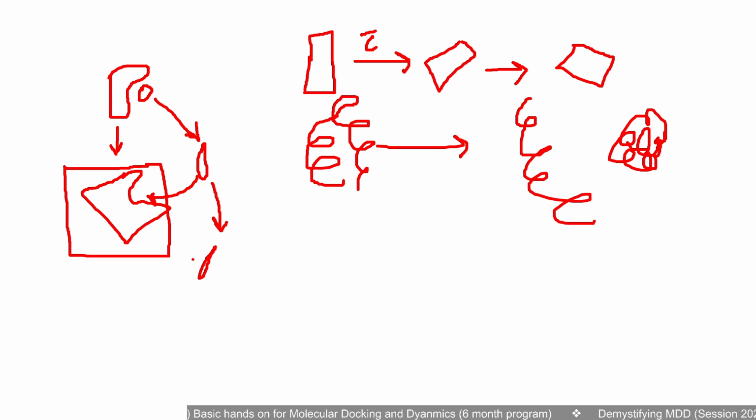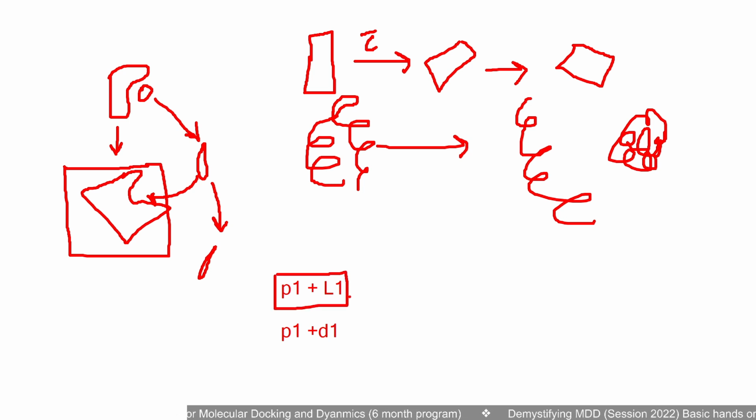So we have protein 1 and one ligand 1, and P1 and some drug 1. First this protein and ligand were interacting, giving some outcome interaction, and it had some energy, minus n kilojoule per mole.